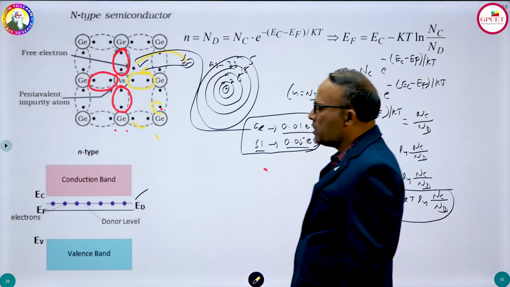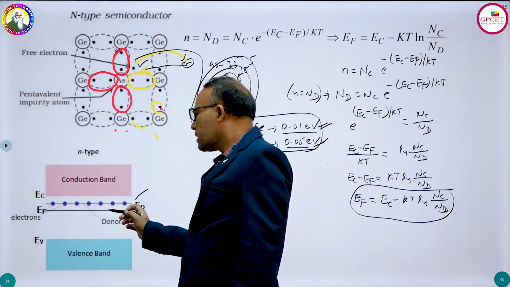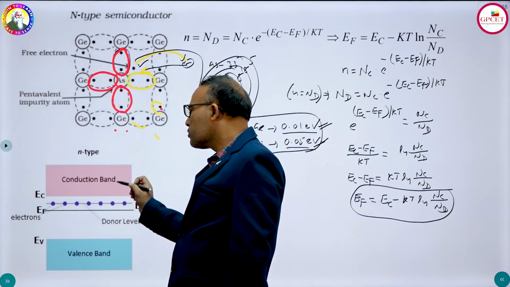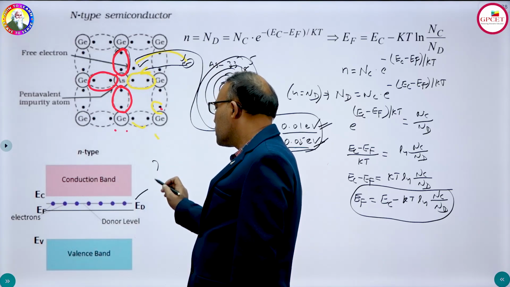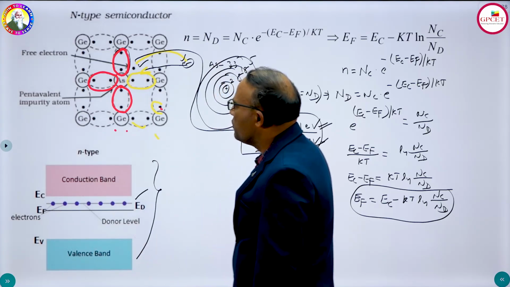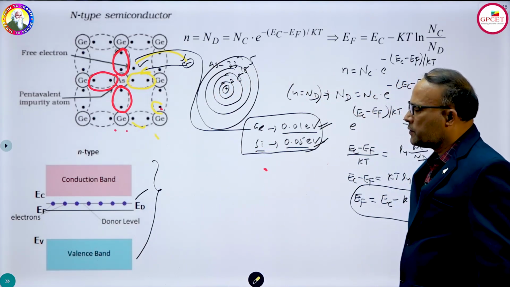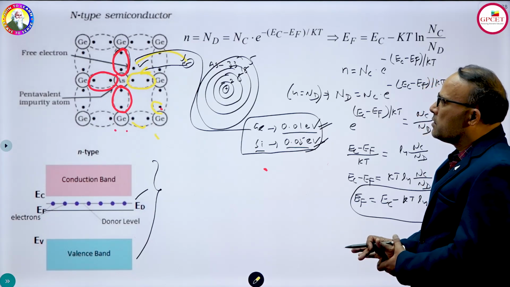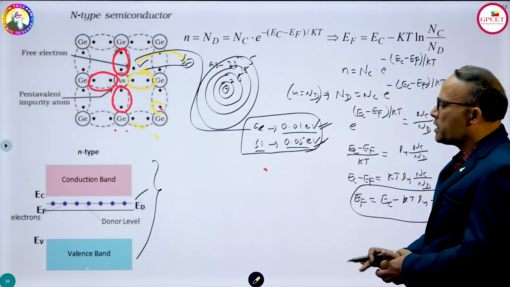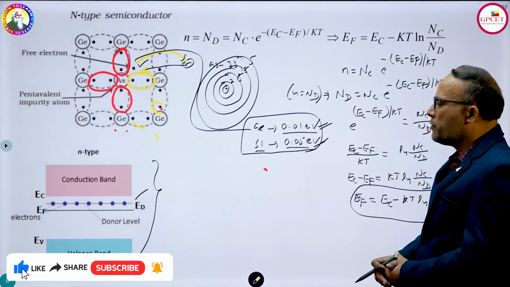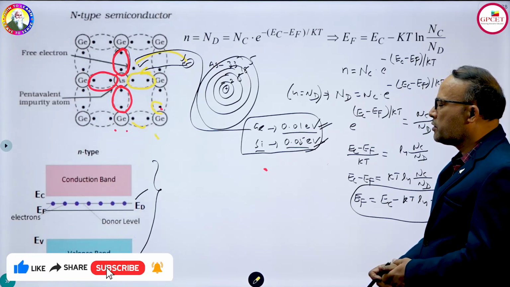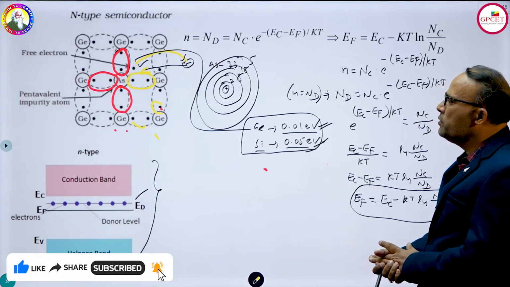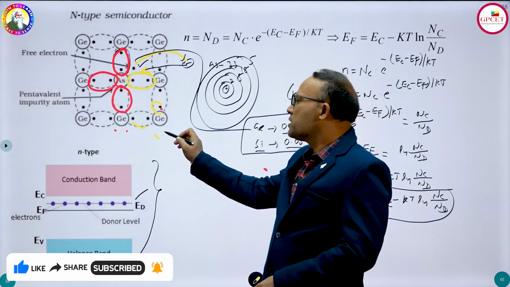The Fermi level lies just below this point, nearer to the conduction band, and this structure is exactly opposite to p-type semiconductors. This is the detailed description of n-type semiconductors, with respect to structure, formulas and design considerations.